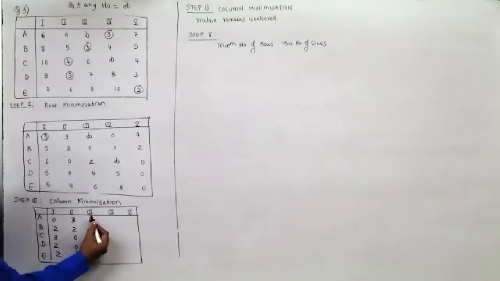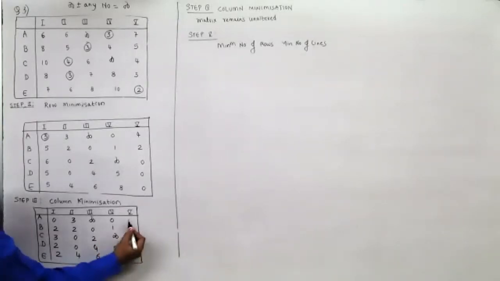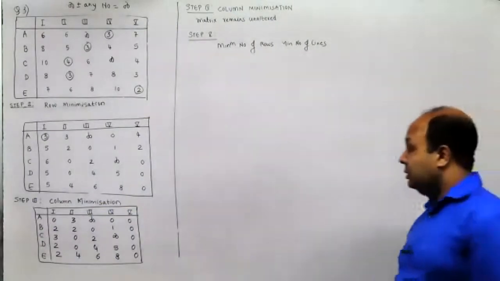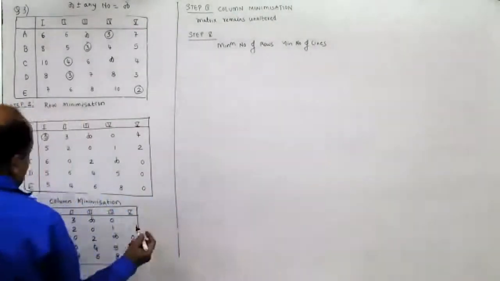So this would be 3 minus 3 is 0, 5 minus 3 is 2, 6 minus 3 is 3, 5 minus 3 is 2, 5 minus 3 is 2. This is 3, 2, 0, 0, 4. This would be infinity, 0, 2, 4, 6. This would be 0, 1, infinity, 5 and 8. This would be 0, 0, 0, 0 and 0. Last column 4, 2, 0, 0, 0.